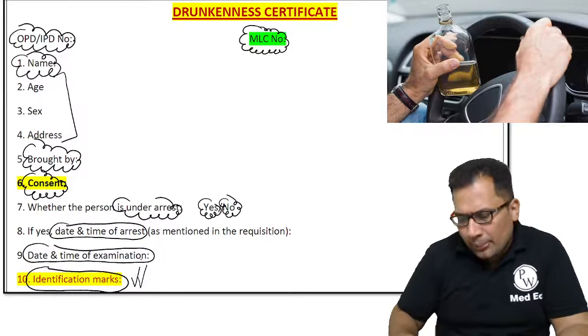Next, the next component of the drunkenness certificate. As I discussed before, in the beginning you need to write all the preliminary details. Then you need to take the consent, and also write the alleged history of the incident.